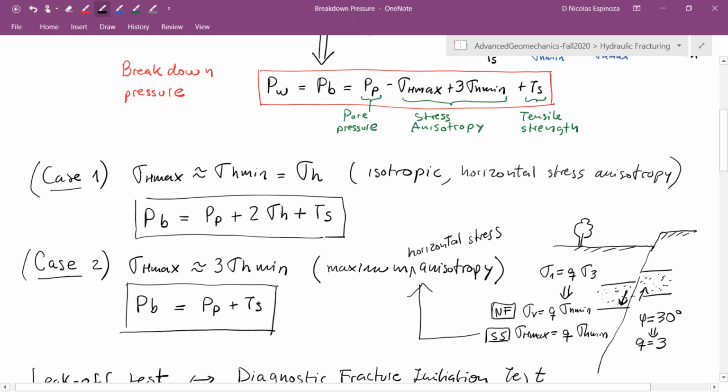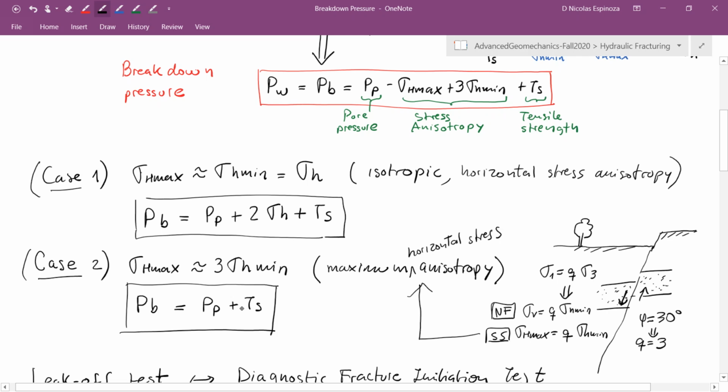It's just a function of the tensile strength. So what this equation really means is that when you have a large stress anisotropy, that's going to favor lowering the breakdown pressure or the fracture gradient. It's going to be easier to fracture a wellbore in that condition.